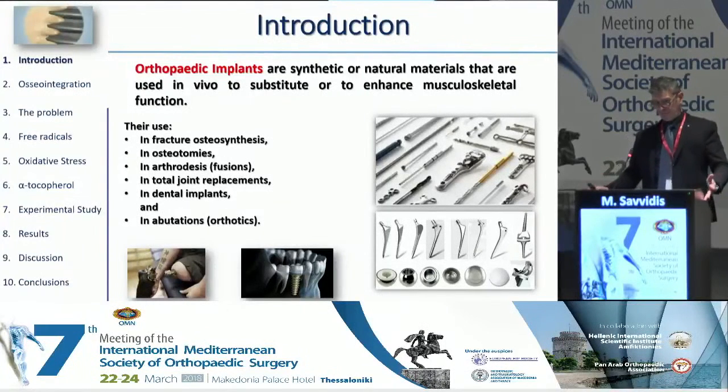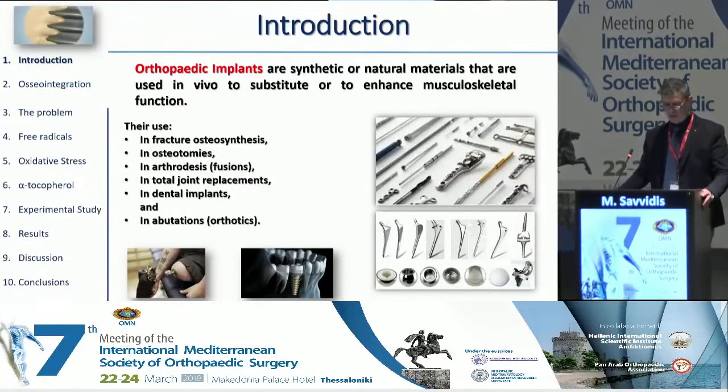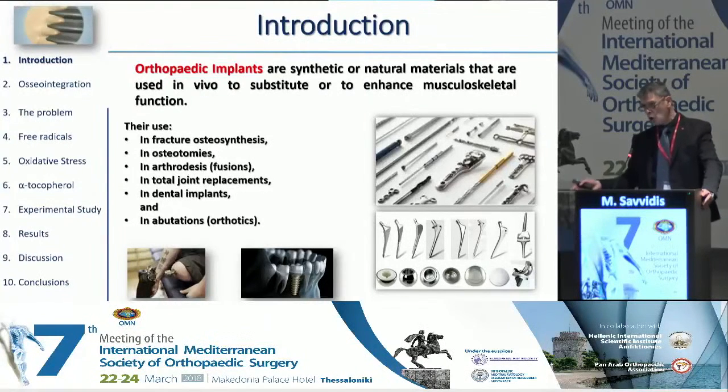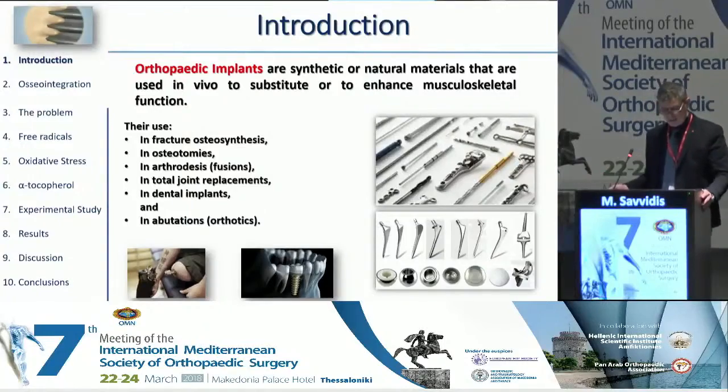Orthopedic implants. What are orthopedic implants? Synthetic or natural materials that are used in vivo to substitute or to enhance muscular function. We all know their use in fracture osteosynthesis, in osteotomies, in arthrodesis, in total joint replacements, in dental implants, and also in amputations as orthotics.